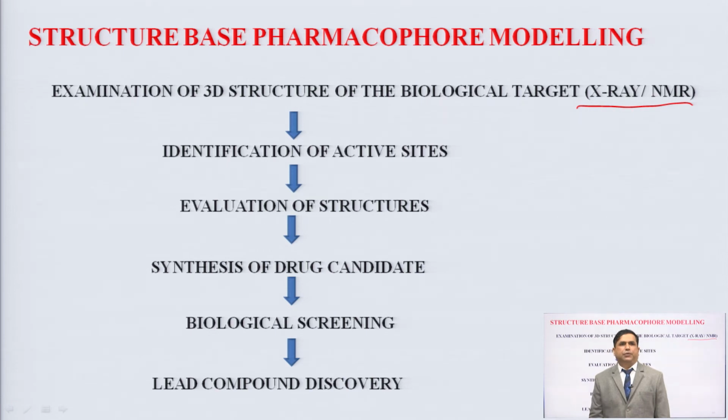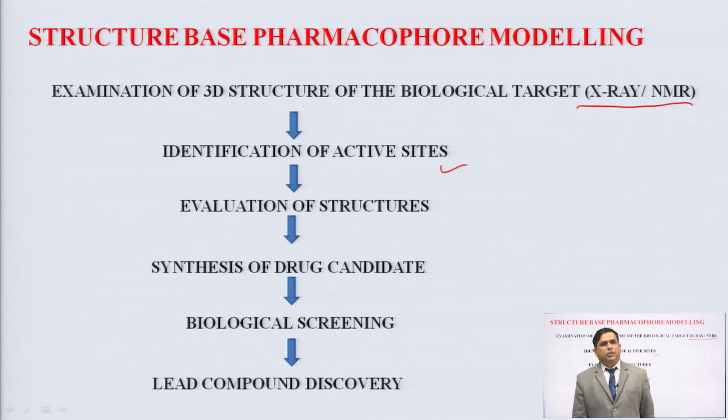identification of active sites. Identification of the active sites means we have to identify the different types of sites and different types of functional groups which are responsible for the activity. That is called identification of the active sites.